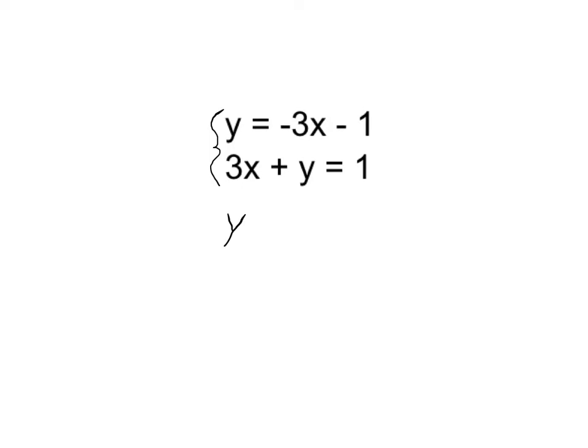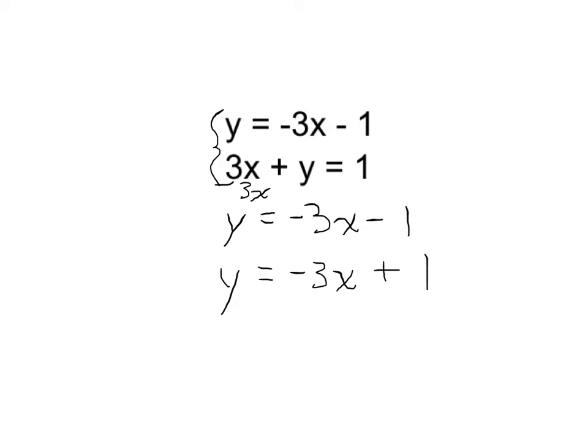So the first equation is already in slope-intercept form, but to put the second equation in slope-intercept form, you must subtract 3x from both sides. So then you have y equals negative 3x plus 1.